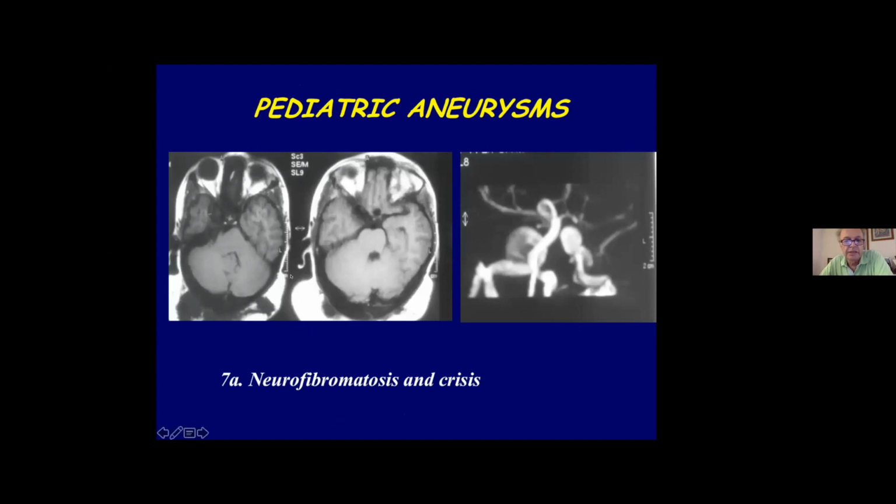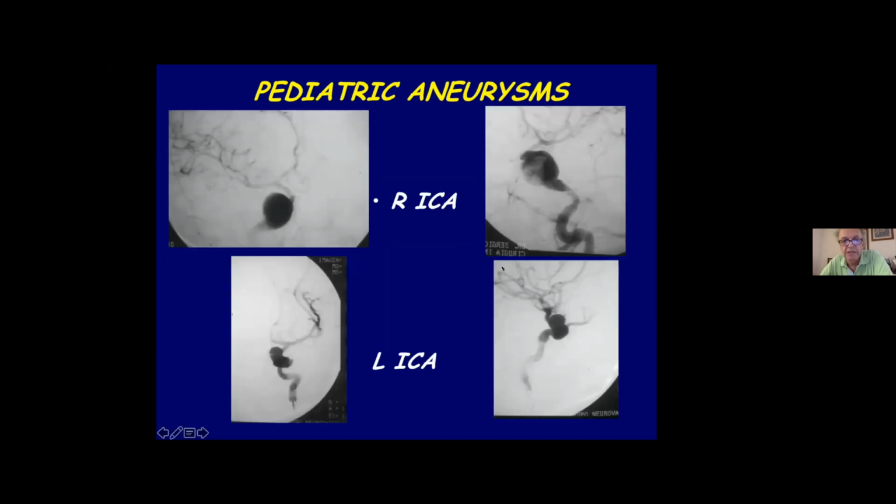The second case is a 7-year-old with neurofibromatosis and seizure. I have a bilateral giant aneurysm, dysplastic, in the right and in the left. This patient was also treated in 2000, 2001.